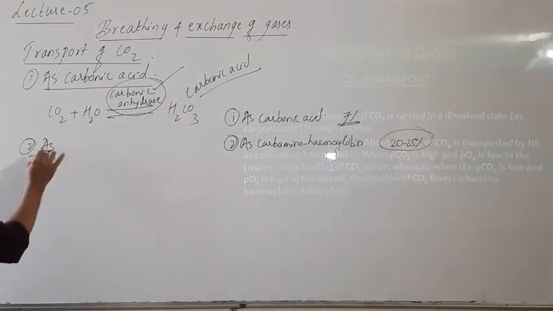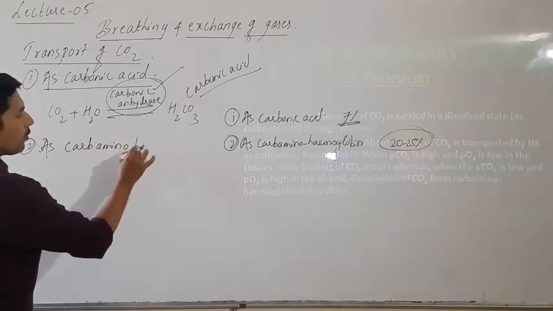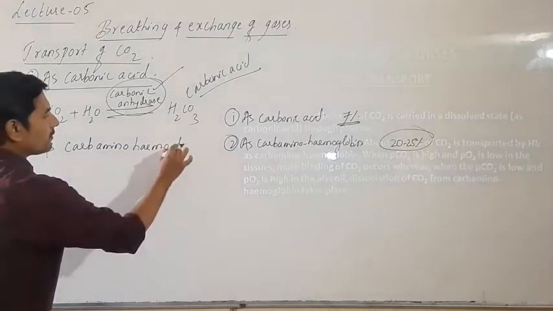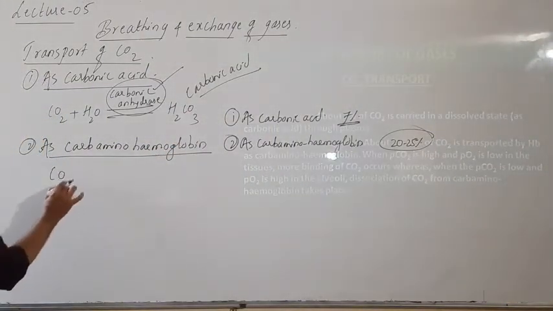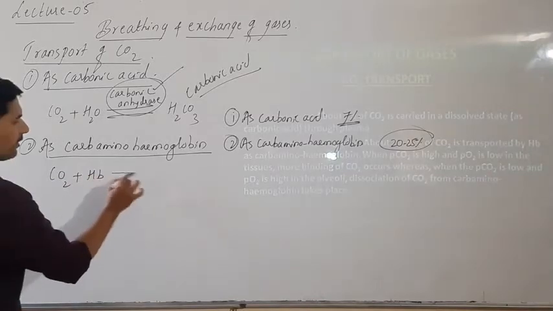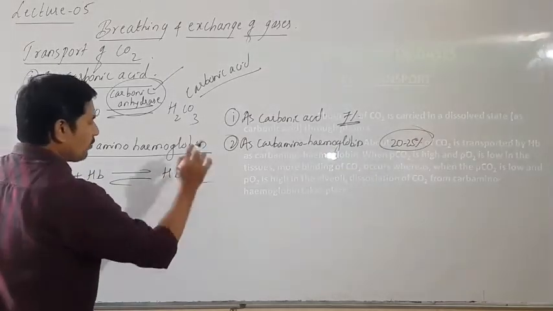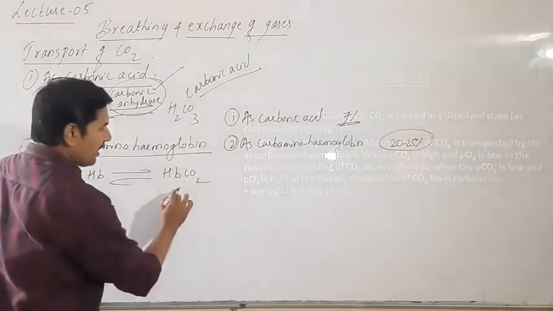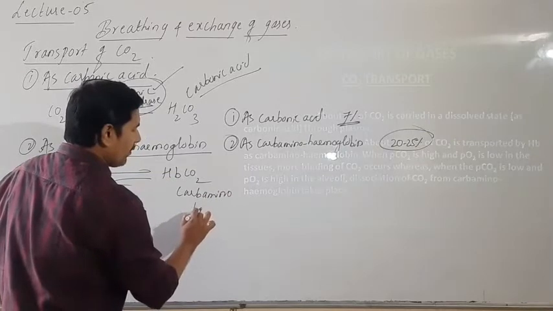Then second one is as a carb-amino hemoglobin. Carbon dioxide will combine with the hemoglobin to form into HbCO2, which is called as the carb-amino hemoglobin.